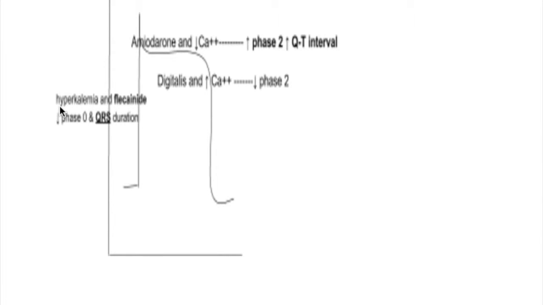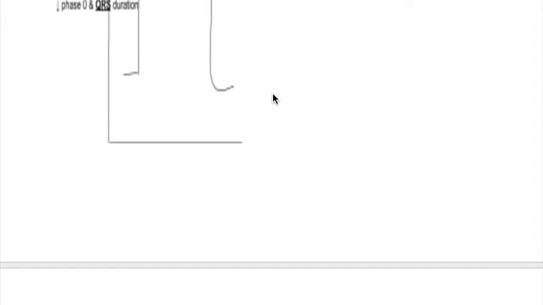Hyperkalemia and flecainide decrease phase 0 and QRS duration, whereas amiodarone and hypocalcemia increase phase 2 and increase QT interval, whereas digitalis and hypercalcemia decrease phase 2.